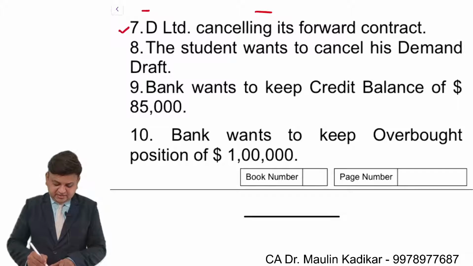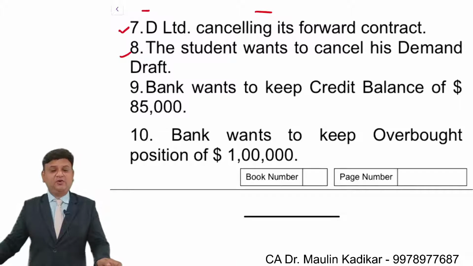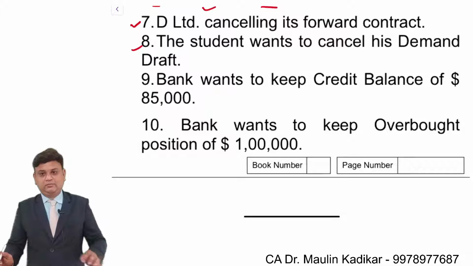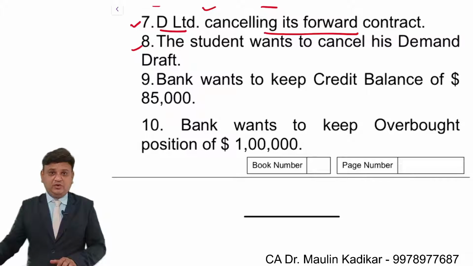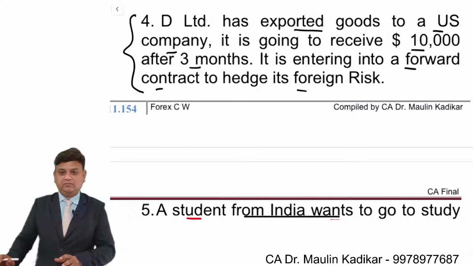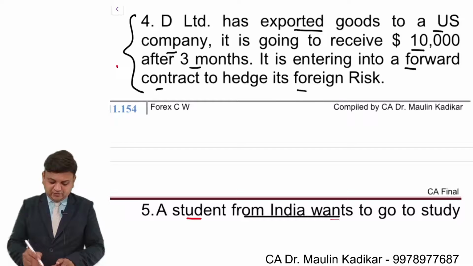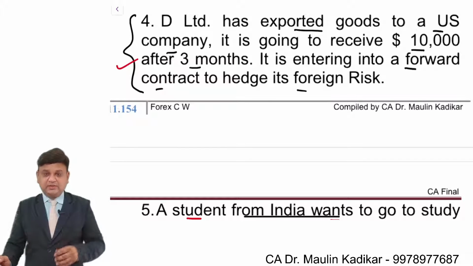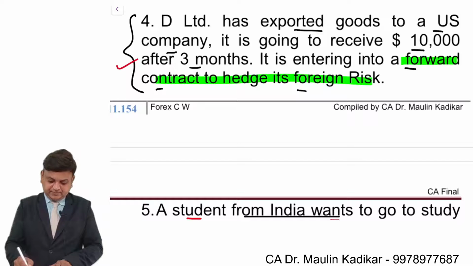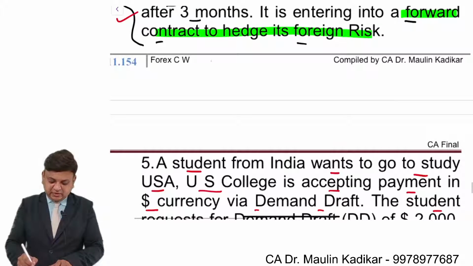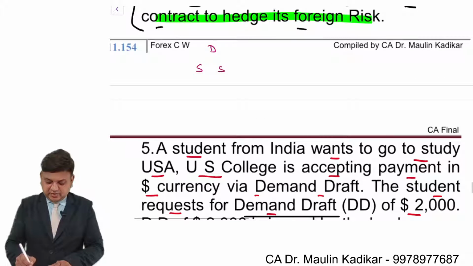For the 7th and 8th transactions, try to complete the working on your own. 7th transaction, D Limited is cancelling its forward contract. So friends, over here for D Limited, you can see that the question provided the information earlier that it entered into the forward contract to hedge. So from D Limited's point of view, the transaction was sell of dollar and purchase of rupees.